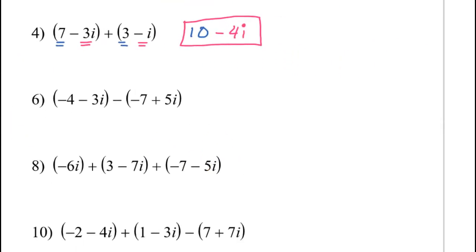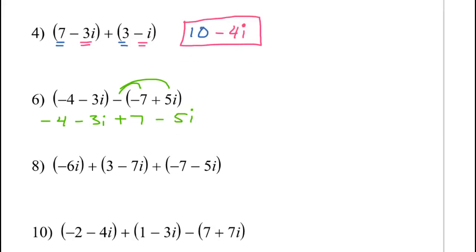Alright, similarly on number 6, I need to distribute this negative sign here. So just bringing down my negative 4 minus 3i unchanged, but then I will have plus 7 minus 5i.